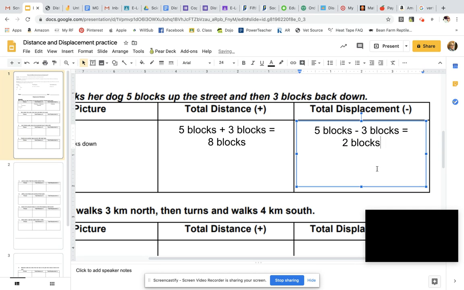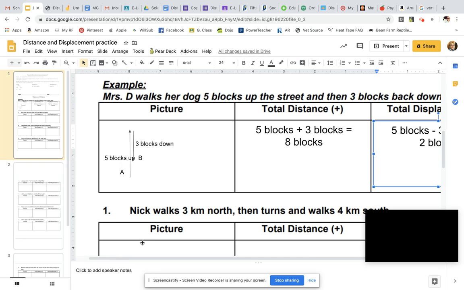Now for this one, you do need a direction. So is she 2 blocks up from where she started or 2 blocks down from where she started? And because the B is higher, we're going to say she's 2 blocks up.